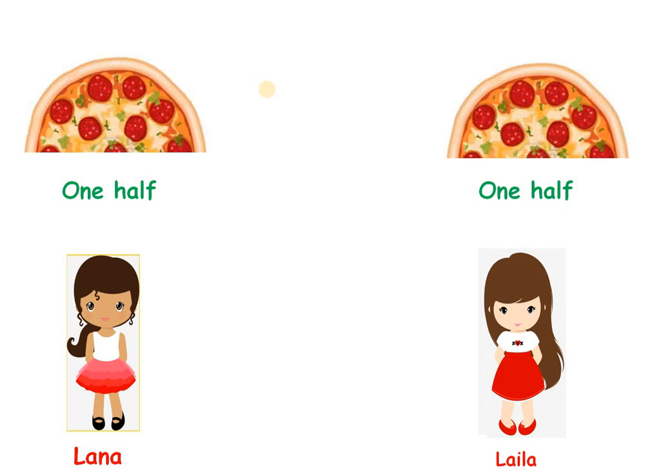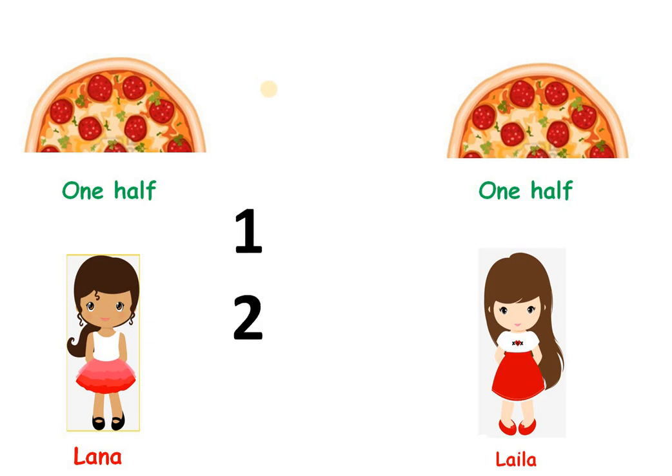So the total number of parts was 2, which is the bottom number. And Lana's part is one part out of 2, so the top number is 1.